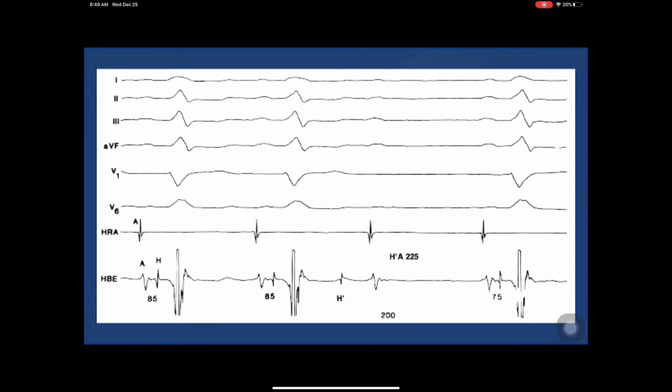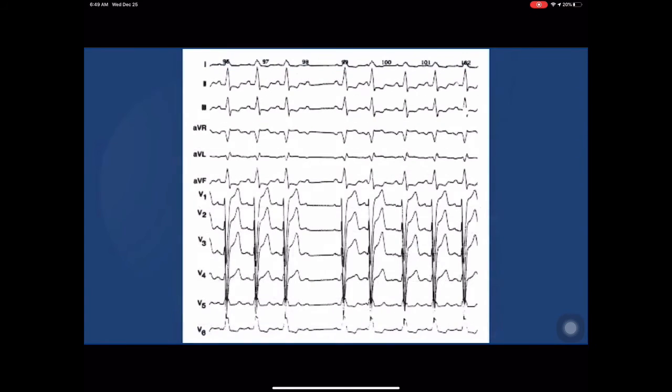If I didn't have the junctional beats to help me out on this tracing, frankly, I would have seriously considered a pacemaker. I might have admitted them to the hospital to evaluate them more, but I would have considered a pacemaker. But when you have a junctional beat, you must consider the alternative diagnosis, and that diagnosis is what's been called pseudo Mobitz 2.